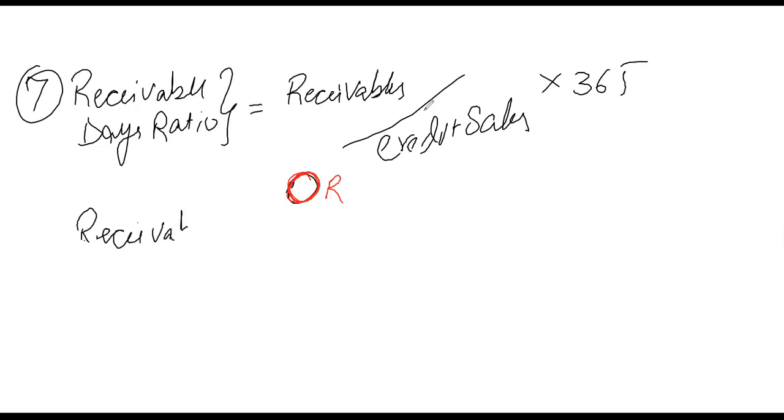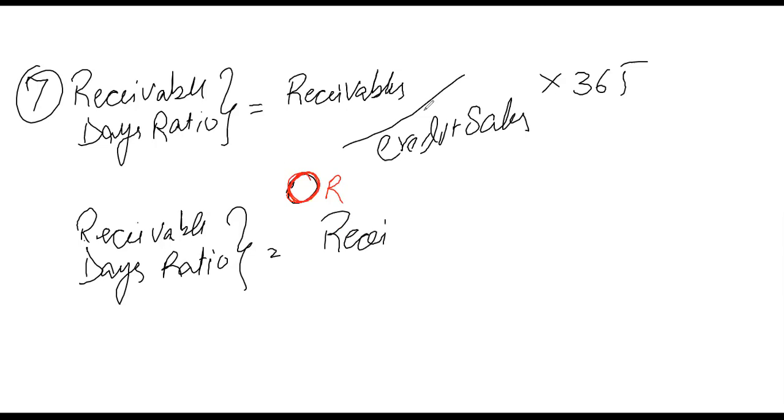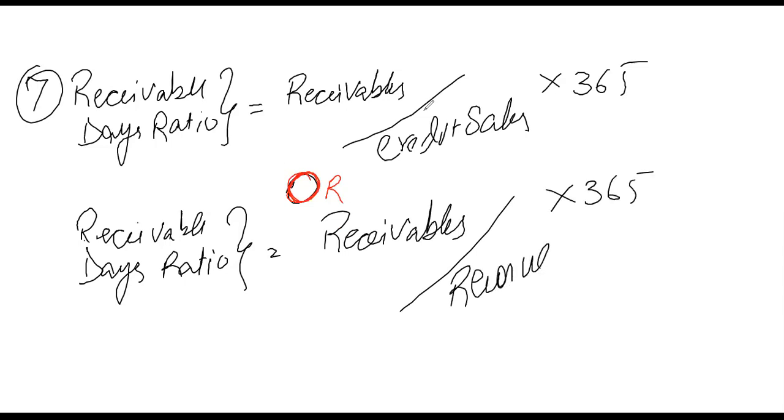Receivable days ratio is equal to receivables divided by revenue multiplied by 365. So this is the formula that we are discussing right now.